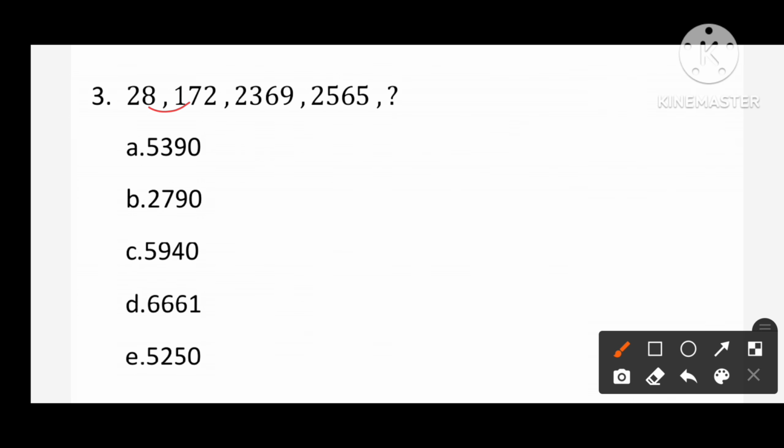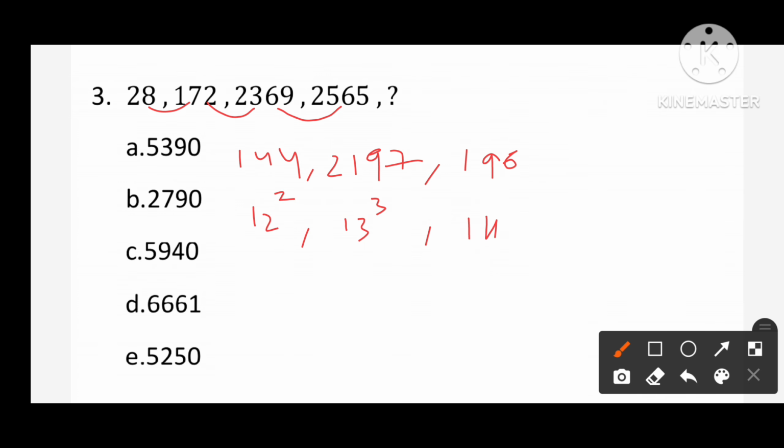Difference between these two will be 144. Difference between these two, 1728. So this is a 12 square, this is a 13 cube. Here the difference between these two is 2197... 196, which is 14 square.